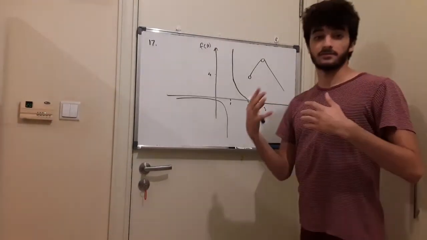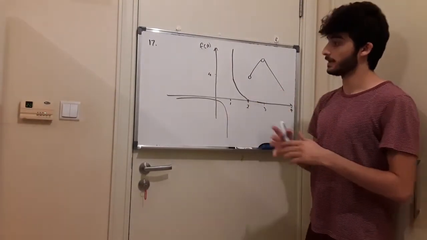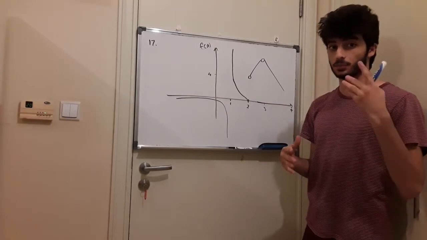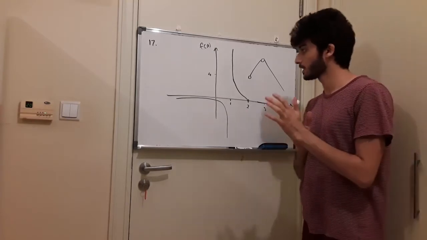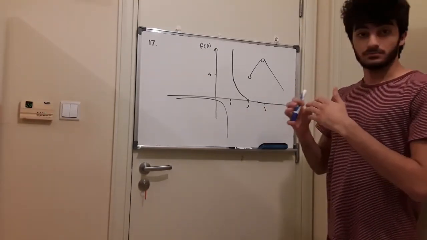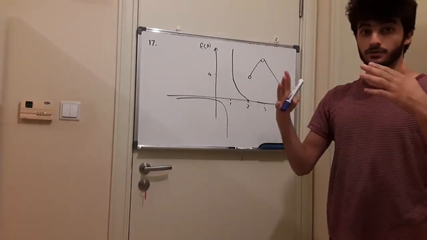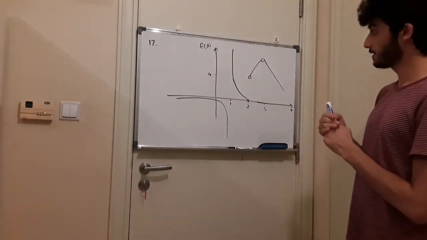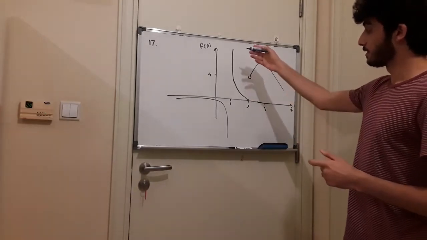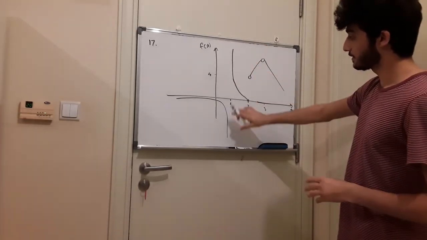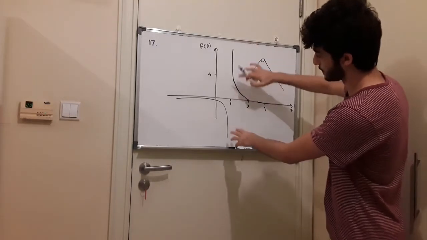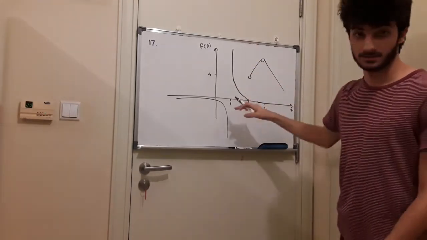Now in question number 17, they give you a graph and they ask you how many points of discontinuity there are. To do this quickly, you can just look at the graph and see wherever there is a cut. Here there's a cut because the graph never goes to x equal to 1.